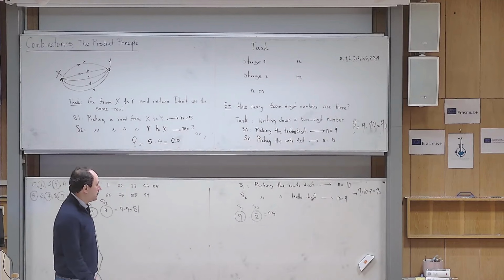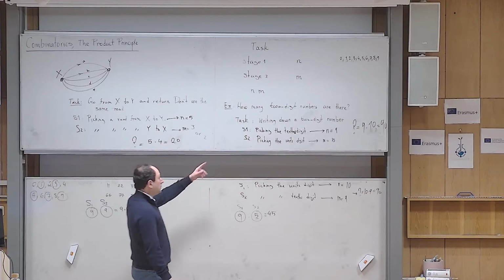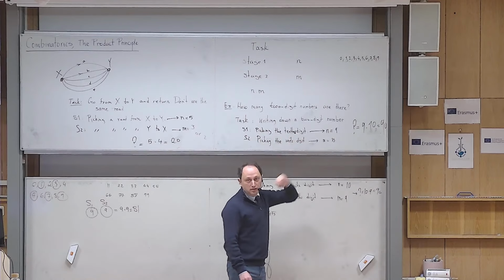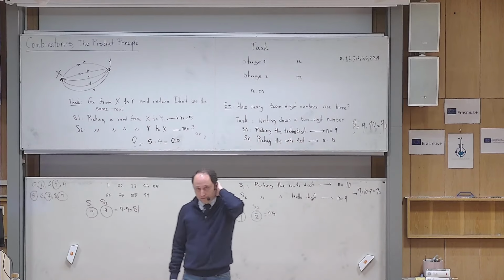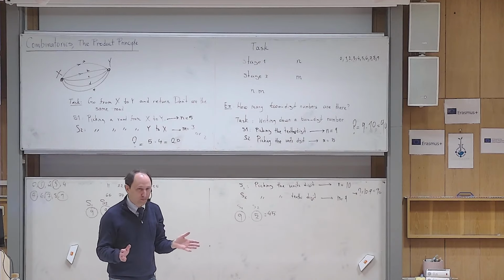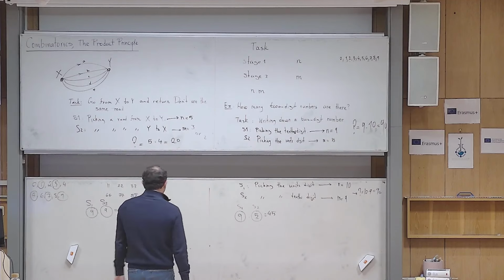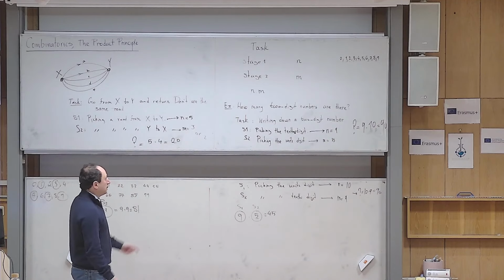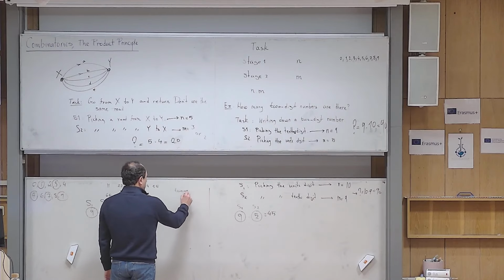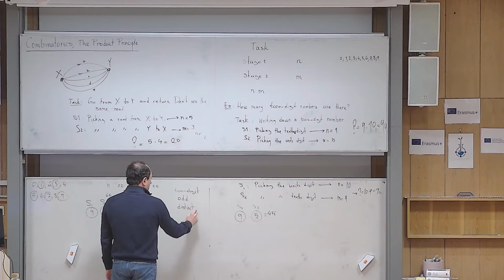Now let me do another question. How many odd two-digit numbers with distinct digits are there? So you see that the problems are extremely simple. We want to answer this question. I want to have a two-digit number, I want it to be odd, and I want it to have distinct digits.